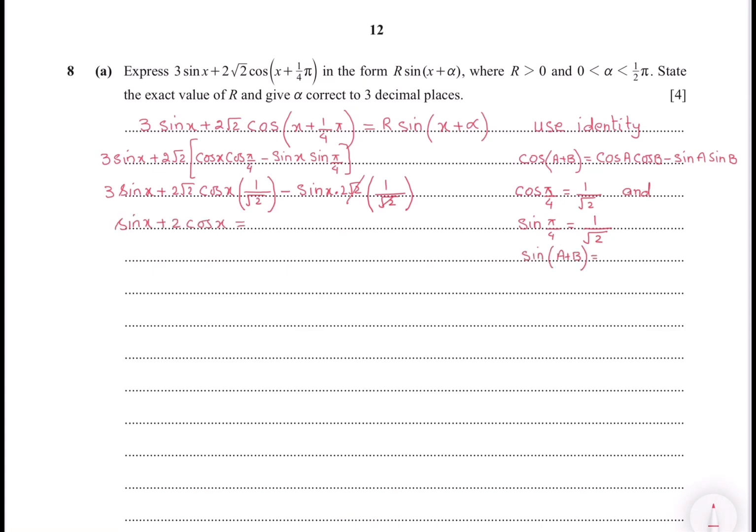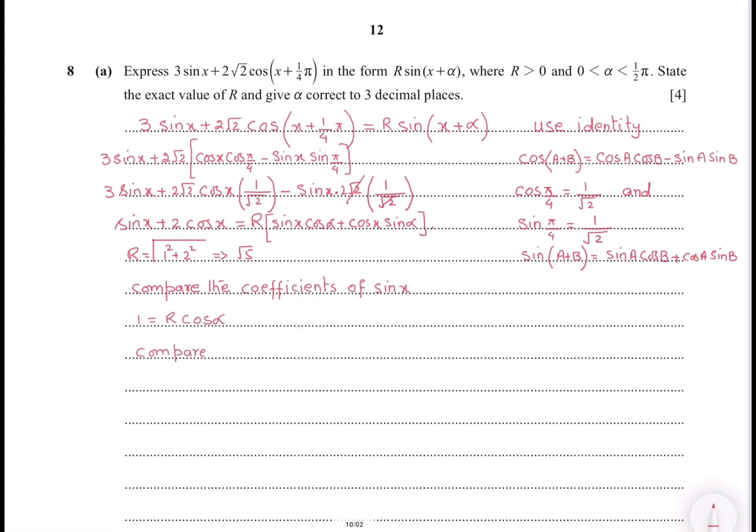Now the identity sin(a plus b) is sin a cos b plus cos a sin b. So r sin(x plus alpha) is r sin x cos alpha plus r cos x sin alpha. So r is root of 1 square plus 2 square, which is root 5. Compare the coefficients of sin x: 1 equals r cos alpha.